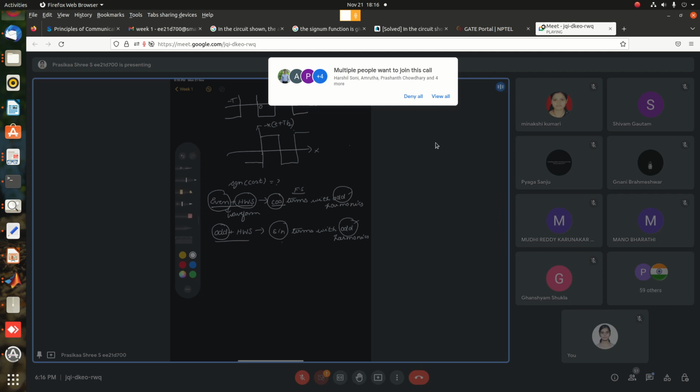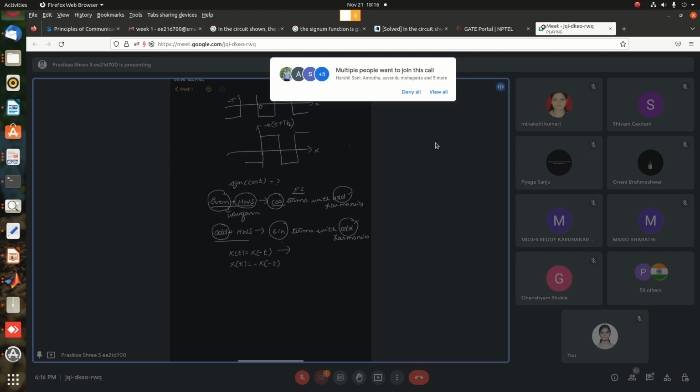So what is even? Even means a signal should obey this property. Odd means the signal should obey this property. When you flip along the y-axis, they should be equal. When you flip along the y-axis and then the x-axis, the signals should also be the same.